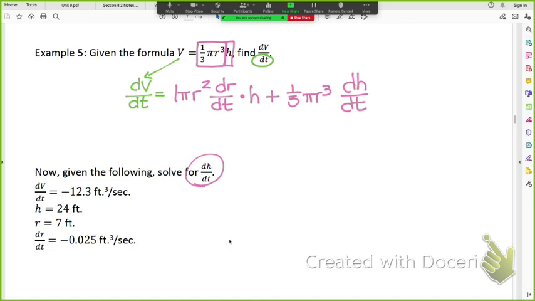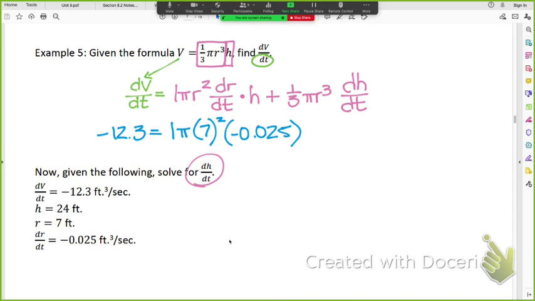So go through one at a time. What can I put in place of dV/dt? Negative 12.3. I have 1 pi. What can I put in place of r? 7 squared. What can I put in place of dr/dt? Negative 0.025.